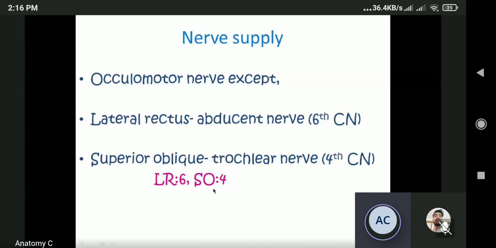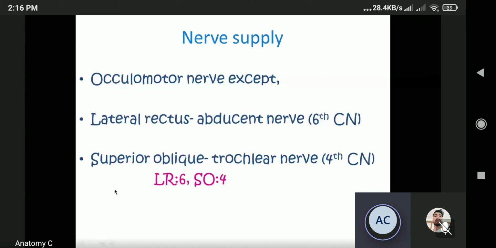All the muscles are supplied by the oculomotor nerve except these 2, the lateral rectus and the superior oblique. This formula SO4 LR6 should be on the tip of your tongue.